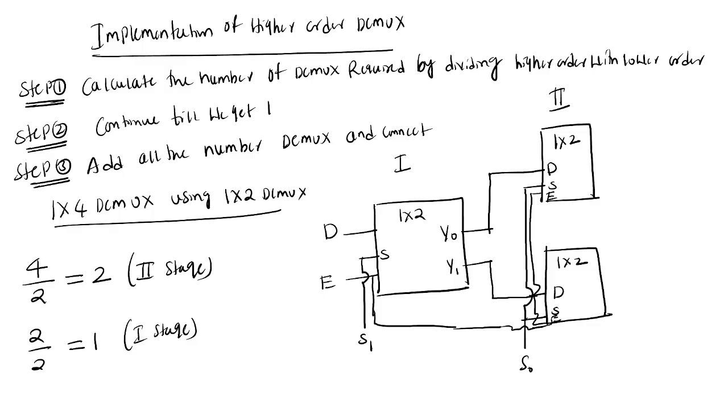Okay. Suppose one more implementation is there. So how to implement means, here this is 1 cross 2 demux, and this is one more 1 cross 2 demux.